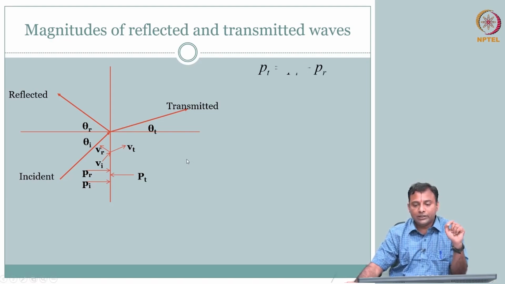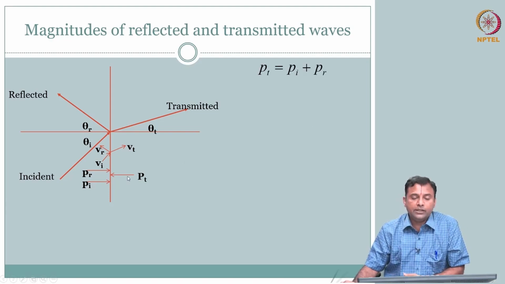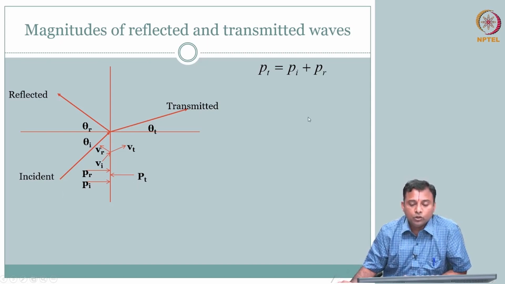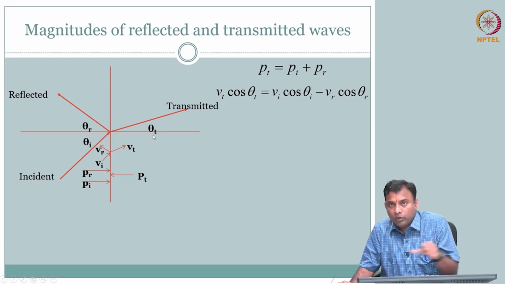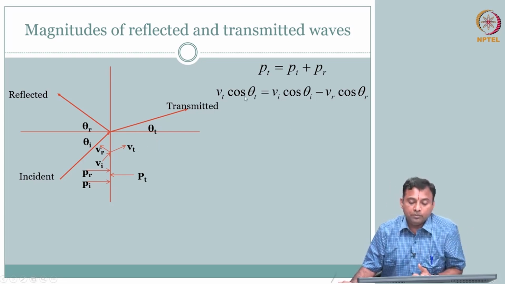So what are the boundary conditions? The pressure on both sides should match at the interface. So Pt should be equal to Pi plus Pr at the interface. Then the component of velocity: here it is cos theta t. So Vt cos theta t, which is trying to pull this side, should equal Vi cos theta I minus Vr cos theta r.